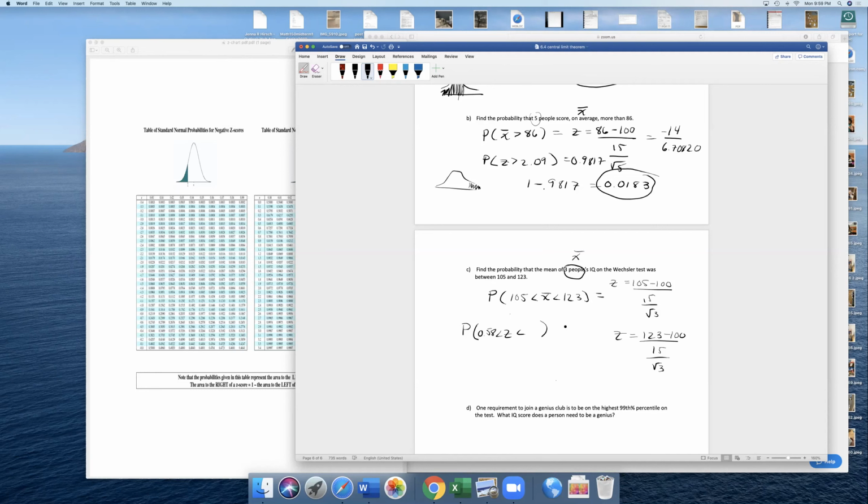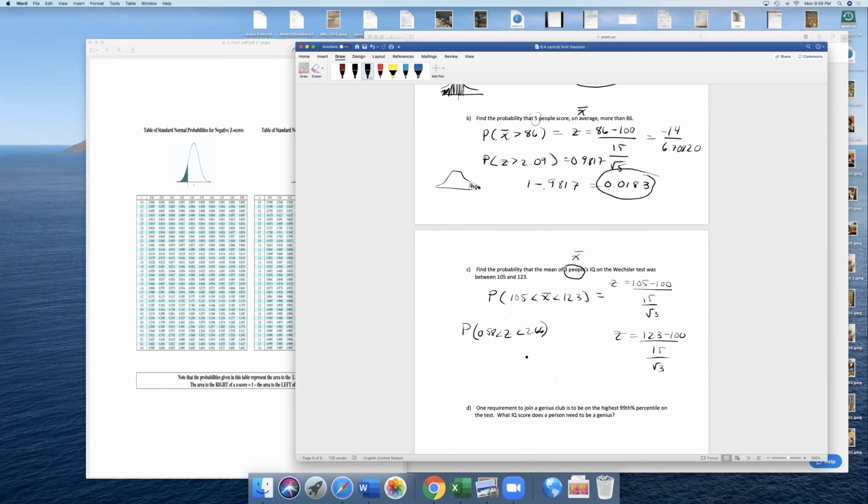And then I'm going to divide that guy by 15 divided by the square root of 3. And I get 2.66. Okay, so when we take these x bars, these sample means, and convert them to z's, this is what we get.